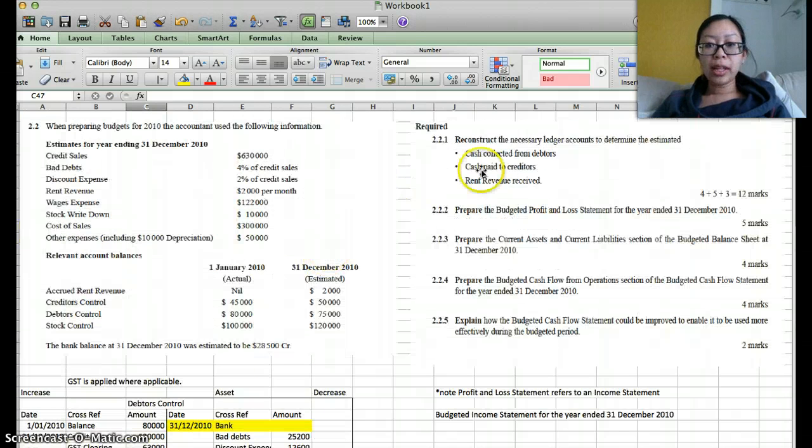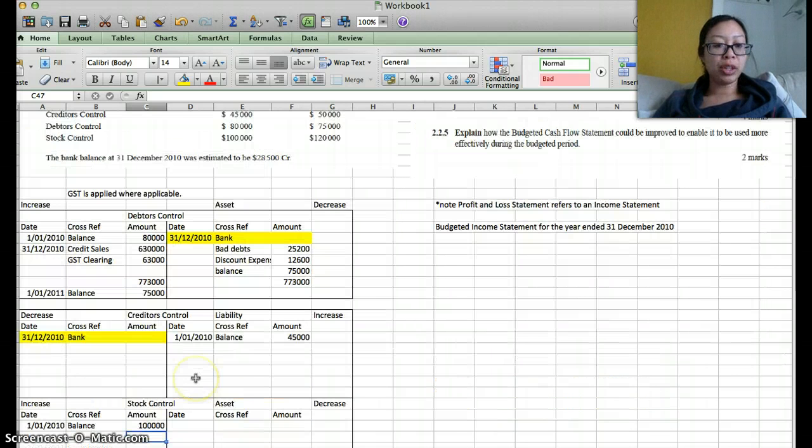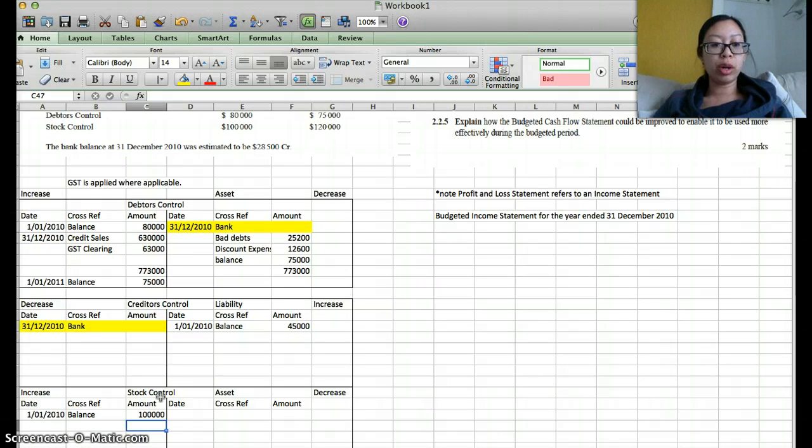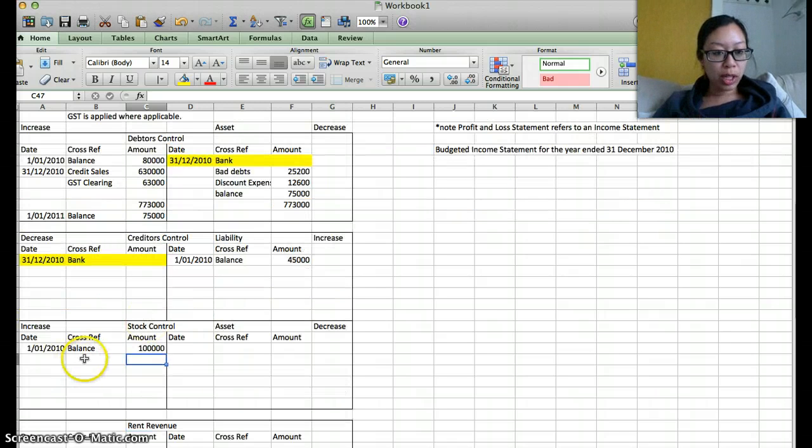We're trying to find, actually here it doesn't tell you to reconstruct the stock control ledger, but in the answer book it supplies a ledger for you, so it actually should prompt you that you need to reconstruct the stock control figure first to help you reconstruct the creditors control. That's really tricky. So it looks like that's what we're looking for, how much they bought from the creditors. So credit purchases would be the thing we're reconstructing for here.